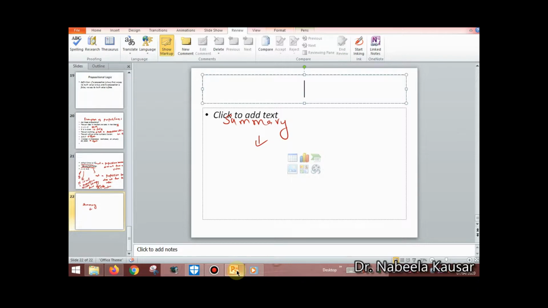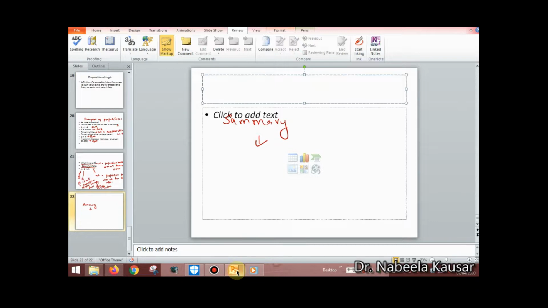Then we discussed what we can represent in our knowledge base. First is objects. We said that objects can be represented, then events, performance, meta knowledge, then the knowledge base, and knowledge itself can be represented as knowledge.